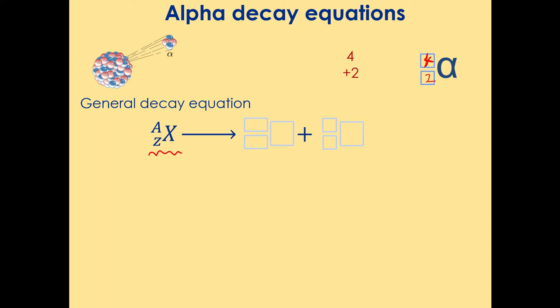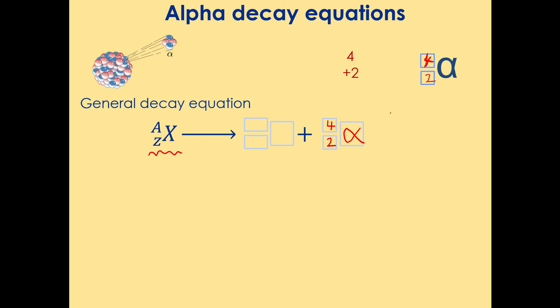If it gives out alpha, the first thing I would always do is fill in the alpha bit of the decay equation, so I wouldn't necessarily answer it left to right. Every single alpha particle has got an atomic mass of 4 and an atomic number of 2, so then fill those in, and then we've got to think about what it will do to the Edexcel notation.